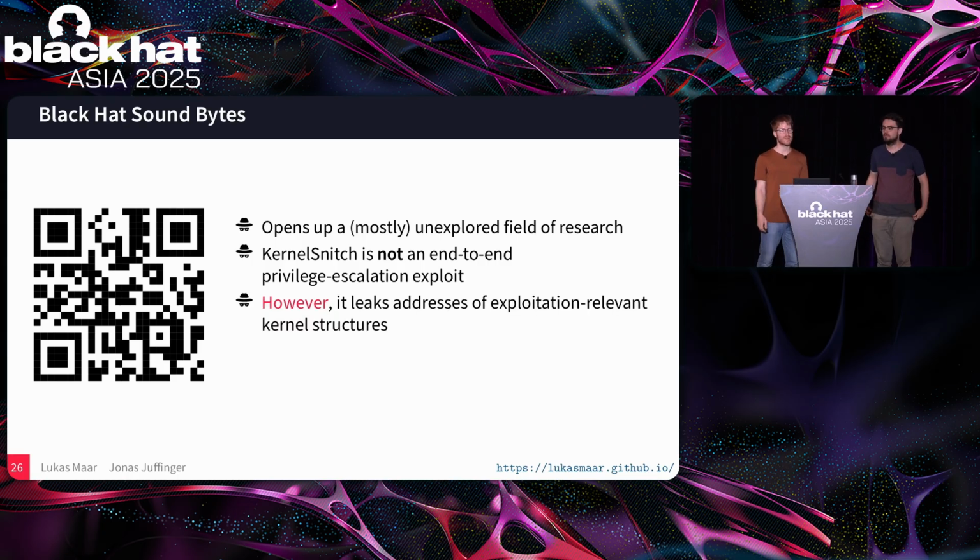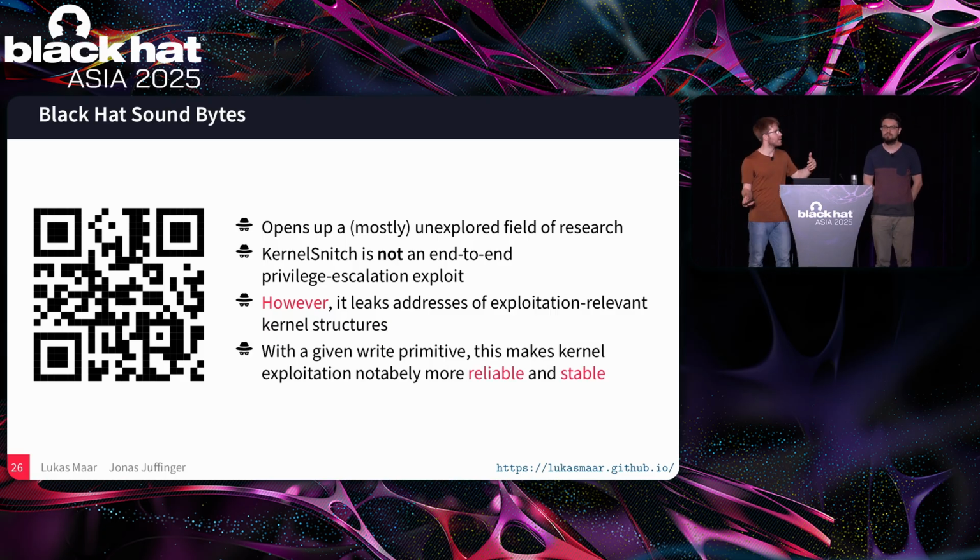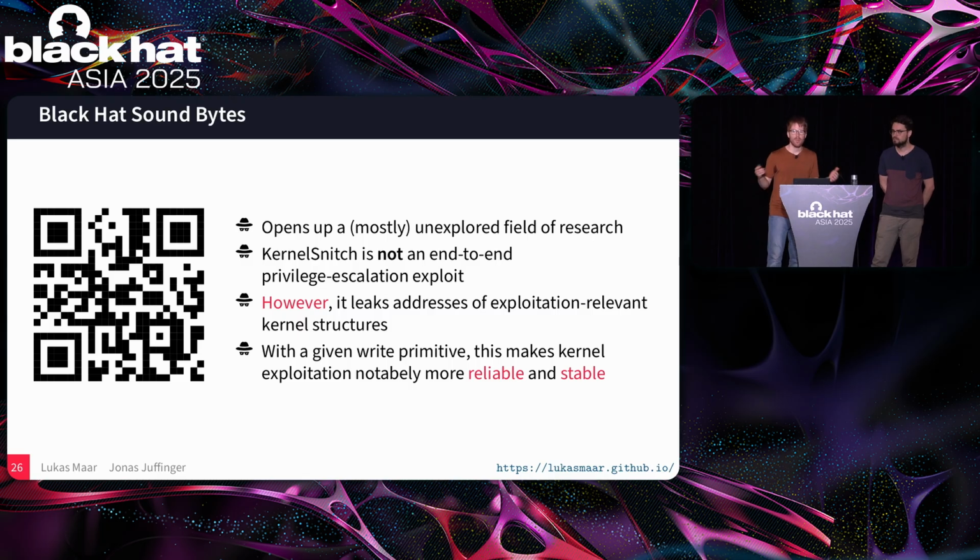However, it leaks addresses which are relevant for kernel exploits. With these addresses, and given a write primitive, so we still need some kind of write primitive from a memory corruption vulnerability or any other kind of vulnerability, this makes kernel exploitation notably more reliable and stable.